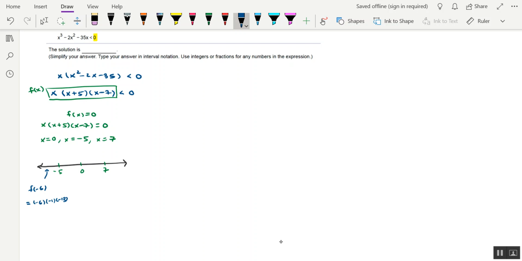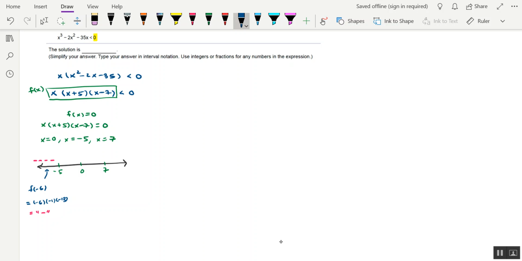And you don't really have to come up with the exact number of the product. What's really important here is whether or not the product is positive or negative. And if you multiply 3 negatives together, the end result is a negative number. So what that means is that any x value that's less than negative 5 is going to make the function negative. And for that reason, I'm going to put a bunch of negative signs over that region of the number line.